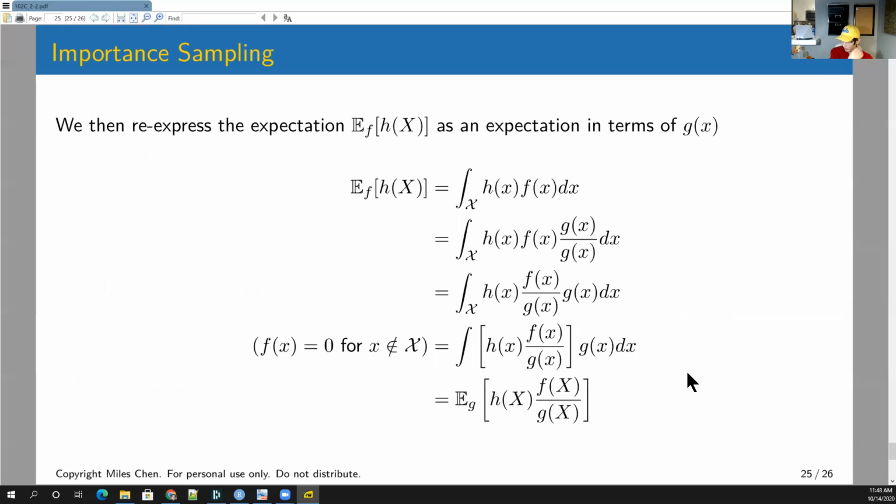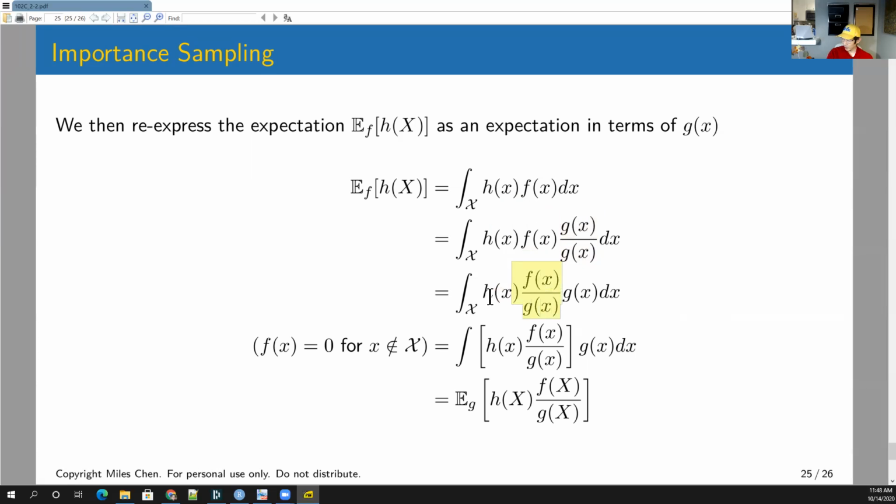We'll go over this on Friday. But the idea here is that we currently have the expectation defined as this integral, h of x times f of x. And all I'm going to do is multiply it by g of x divided by g of x, which is basically 1.